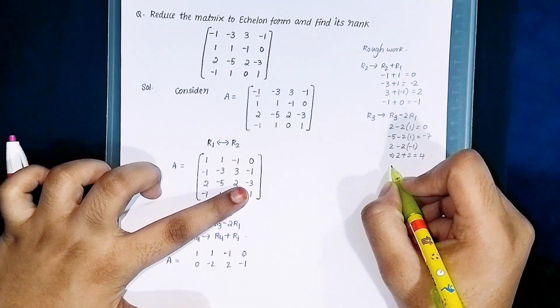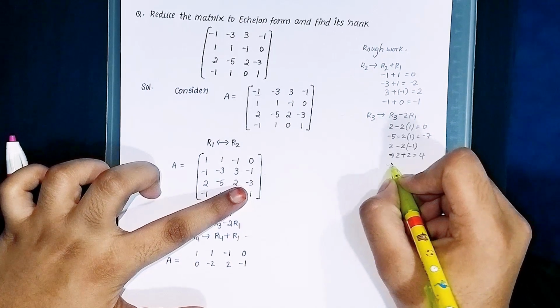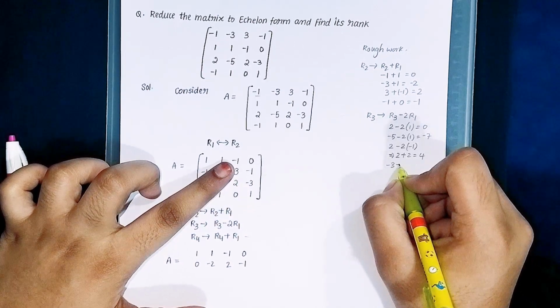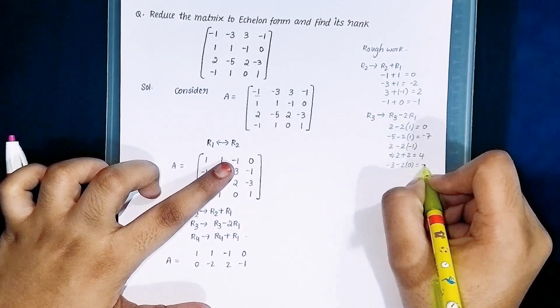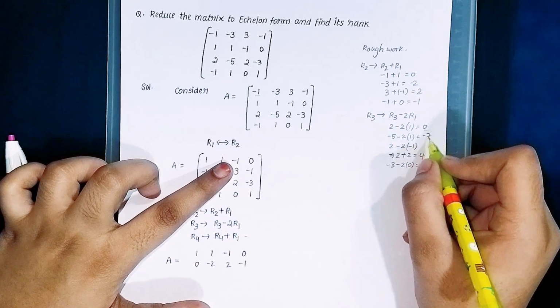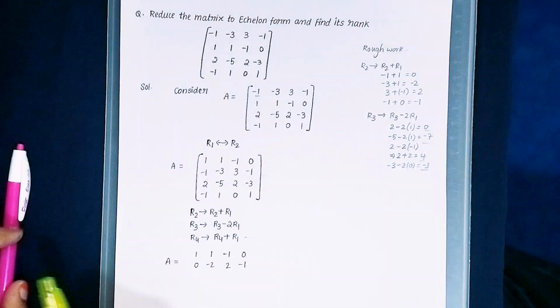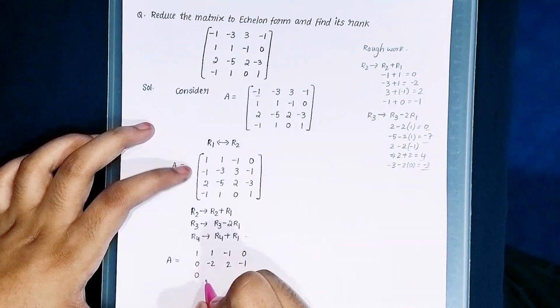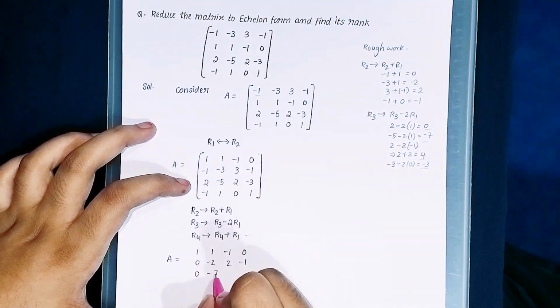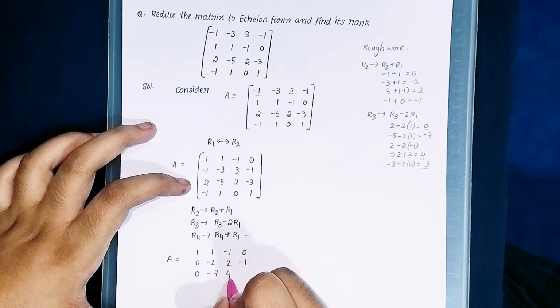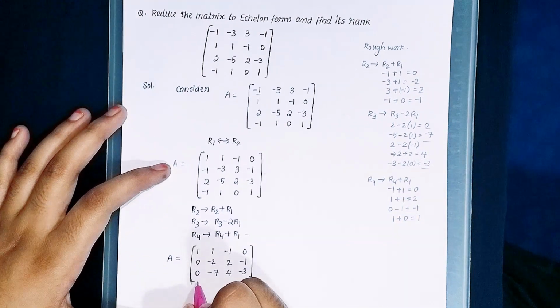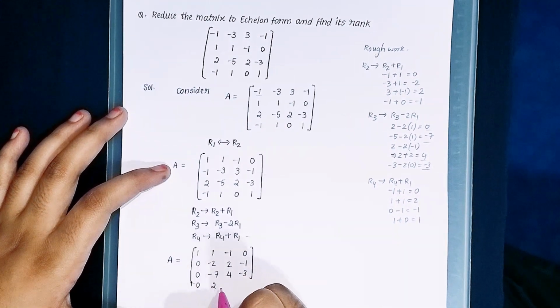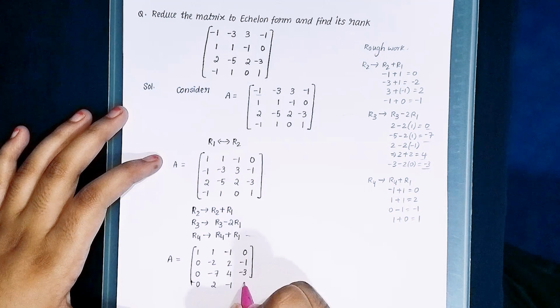Next, minus 3 minus 2 into 0, nothing but minus 3. So you just have to write the values in row 3. In this way, you can do it in the rough work. This will give you correct values and avoid mistakes. Similarly, we will be doing the same method for row 4 as well.